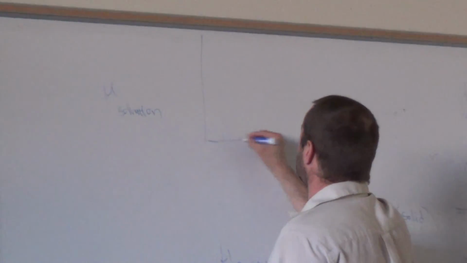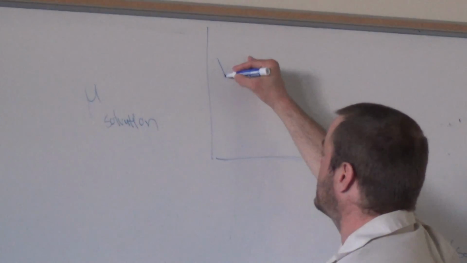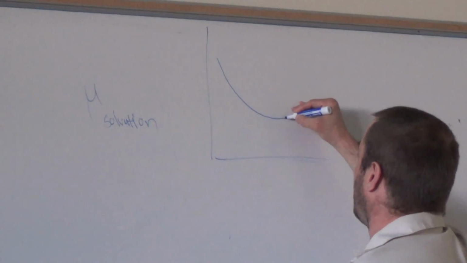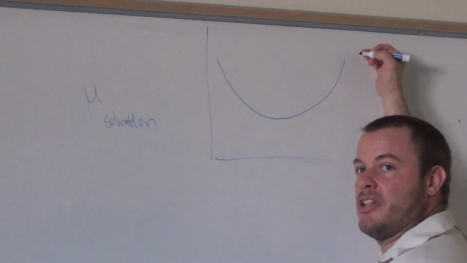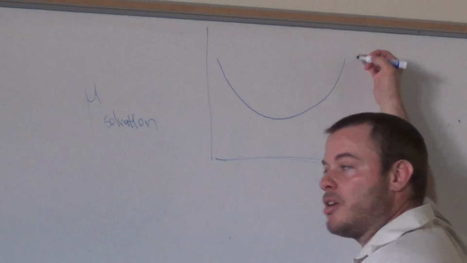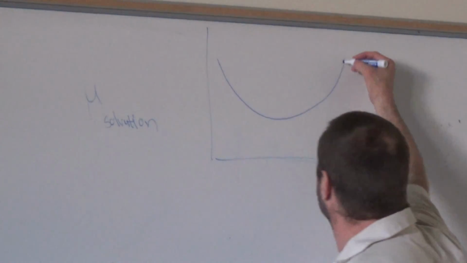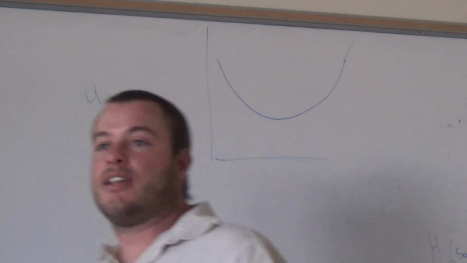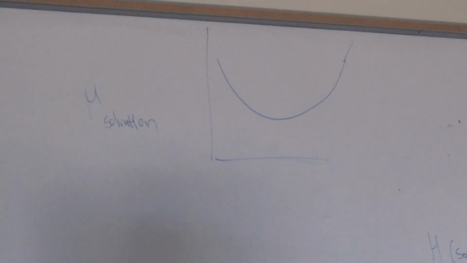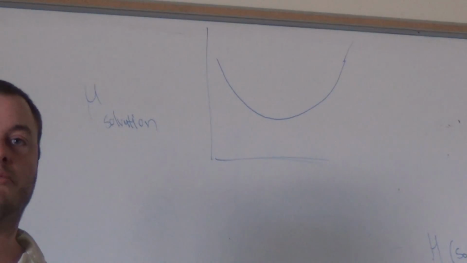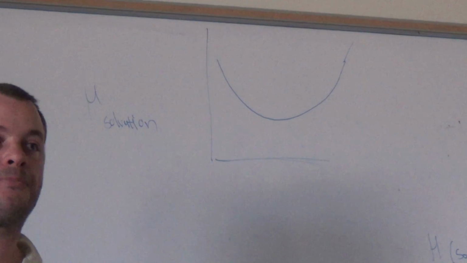It starts off at some initial value, and it begins to drop, and then it turns back up again and it begins to rise. And it gets higher and higher. Eventually it gets high enough that you can't stick any more ions in solution, and your stuff is no longer soluble. It comes out of solution, right?